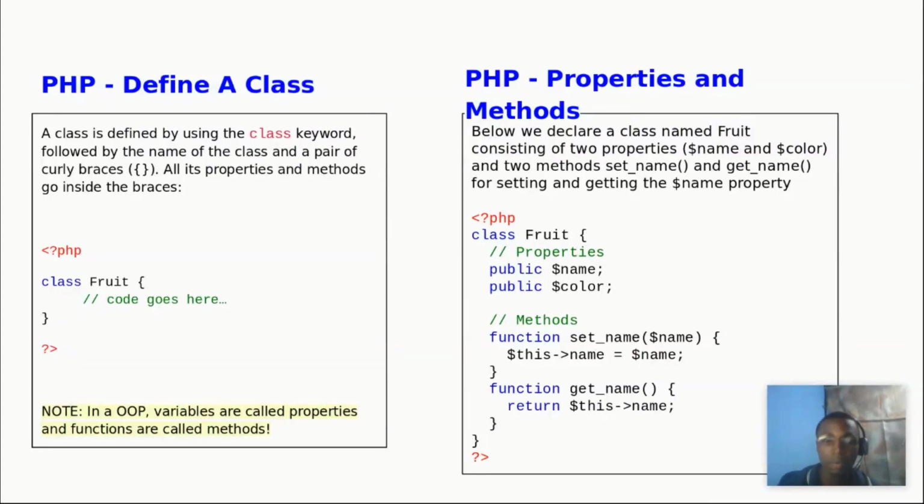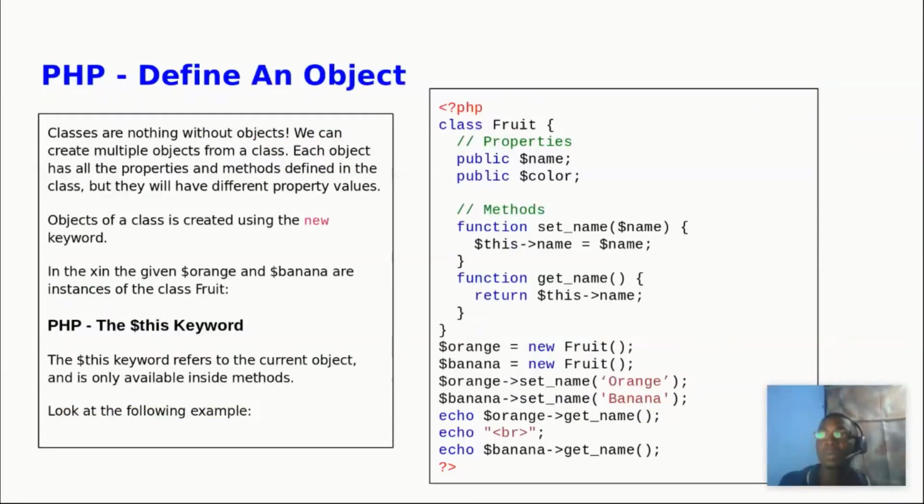When you define a class like we have here, you have a class, and this class has a class name, followed by curly braces, then you have the properties, which are the attributes of that class, and you have the methods, which are the functionalities that that class can have, right? This is where we start talking of object-oriented programming, because we can now create objects or instances from this fruit class. Classes are nothing without objects.